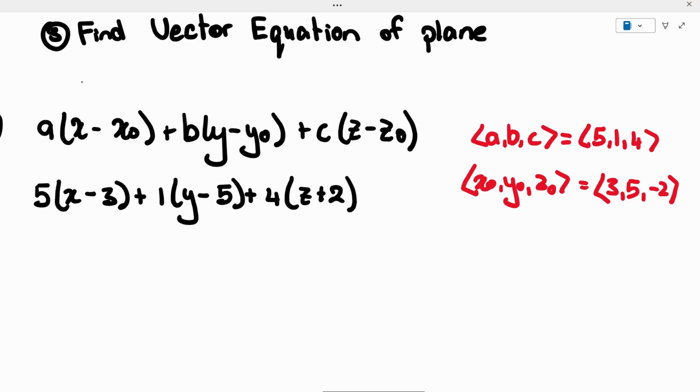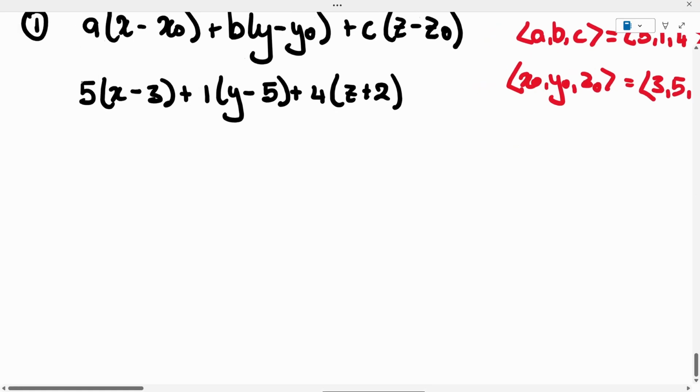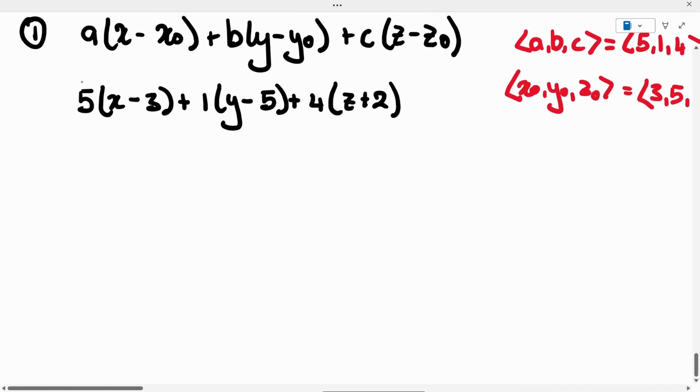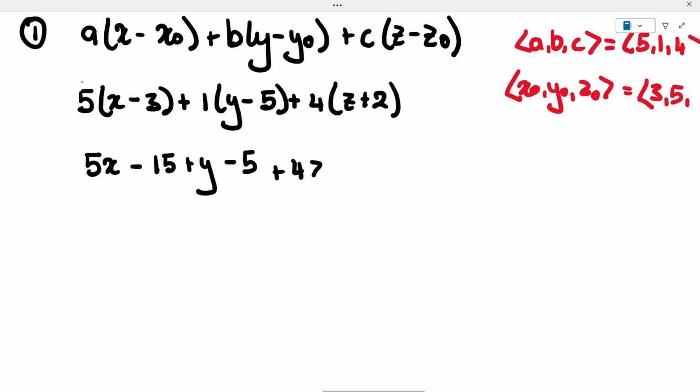So let's see what the general equation is. And this is a trick. If you have the point normal form, we could actually just expand it. We'll get 5x minus 15 plus y minus 5 plus 4z plus 8.